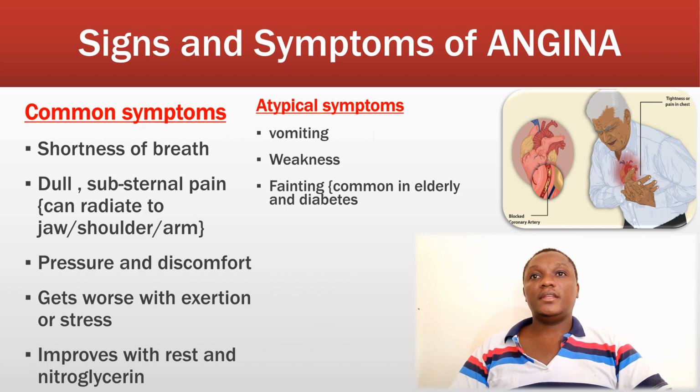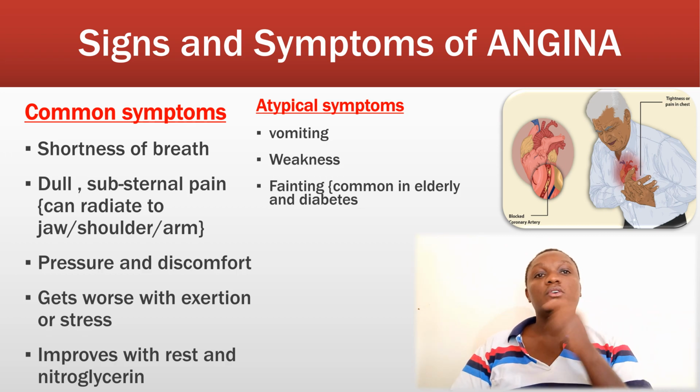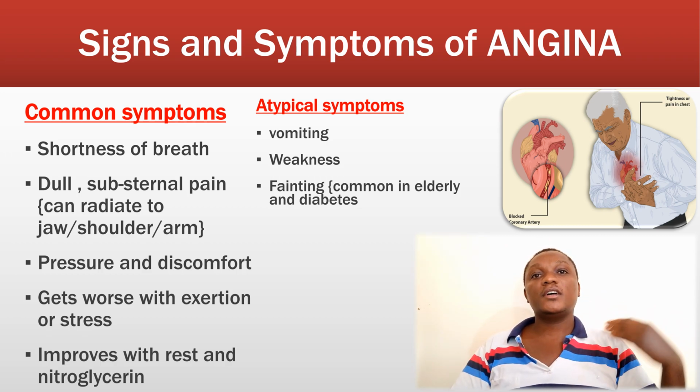We now go ahead and look at signs and symptoms of angina. We have common symptoms such as shortness of breath. There will be dull substernal pain, and this pain can radiate to the jaw, the shoulder, and the left arm. You will have pressure and a lot of discomfort.